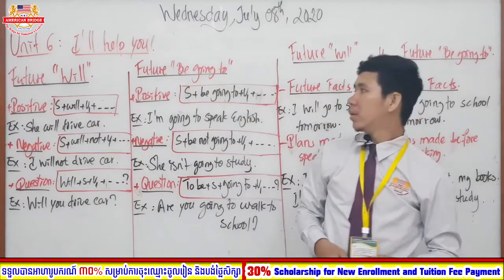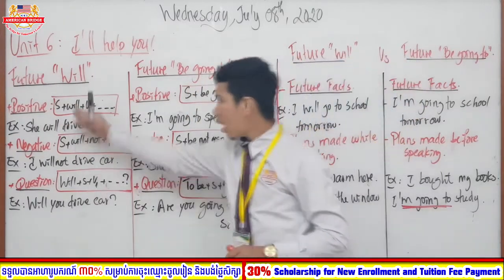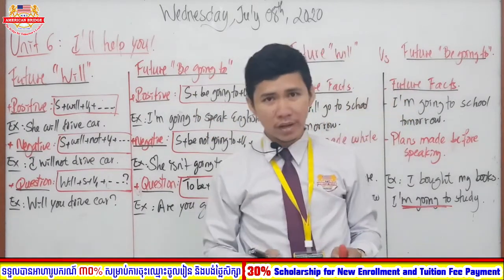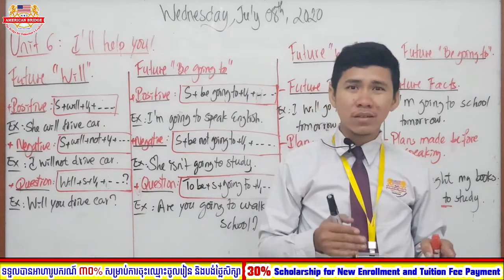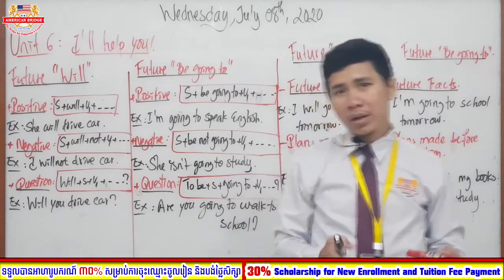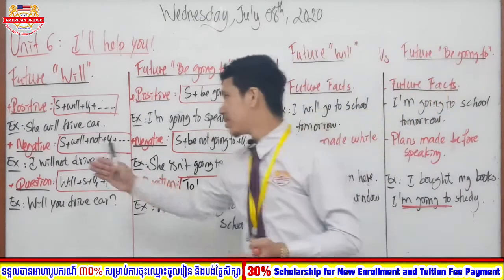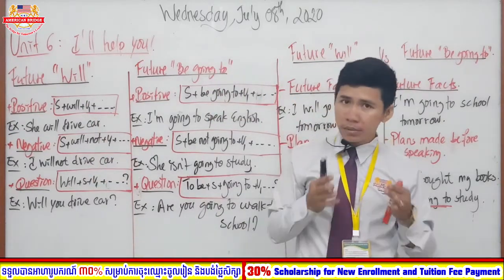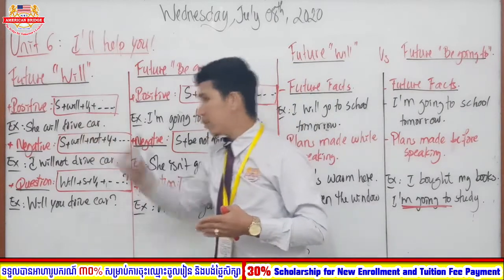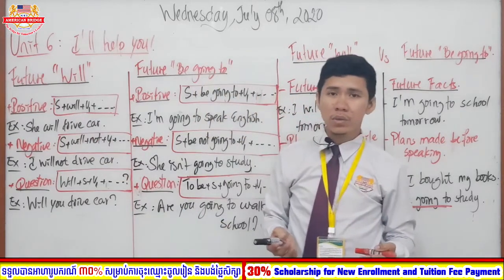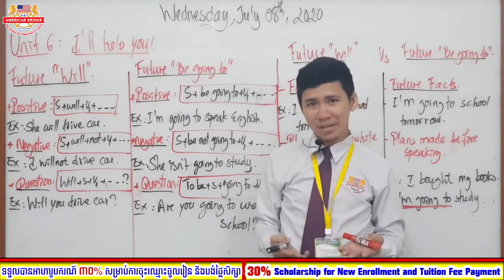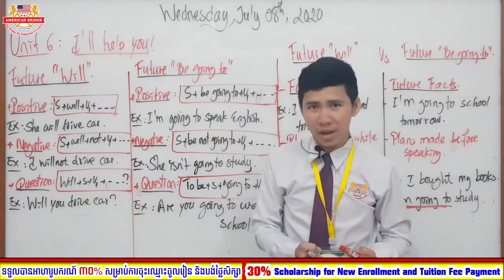Future will has positive, negative, and question forms. Remember, if you want to make a sentence with future will, it will be easy for you. You just create a sentence and follow the form here, okay? Our positive form is subject plus will plus verb 1 and so on. This is the way we create a sentence.